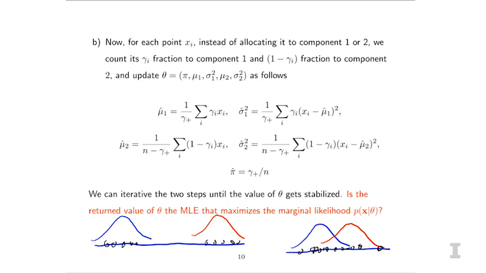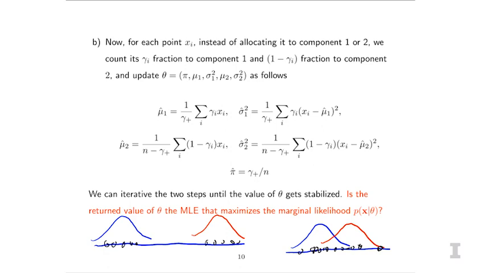So for example, if for observation x1, the probability of x1 being from the first component is 75%, then we're going to count 75% of the first observation as if it is from component 1, and the remaining 25% to component 2.